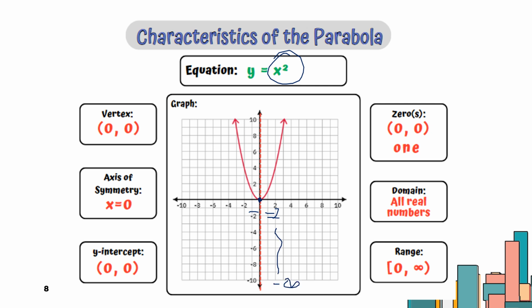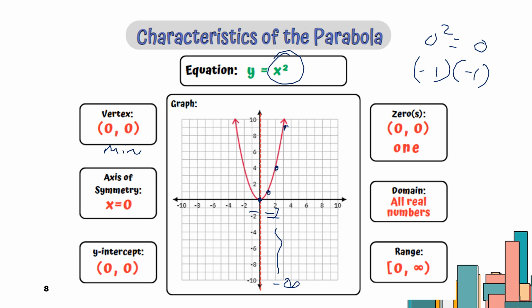It can't be any negative number. So this has a minimum value. So no answer to x squared could be less than 0. I mean, you could have 0 squared, which is 0, but -1 times -1 is +1. 2 times 2 is 4, 3 times 3 is 9, and you can go so on and so forth.